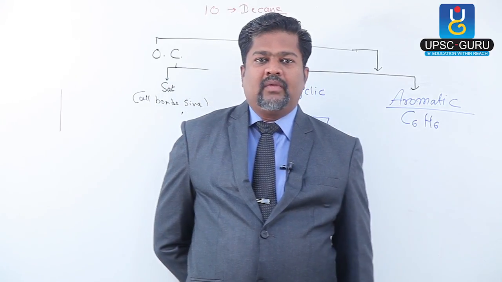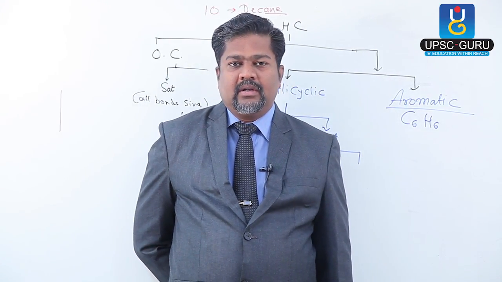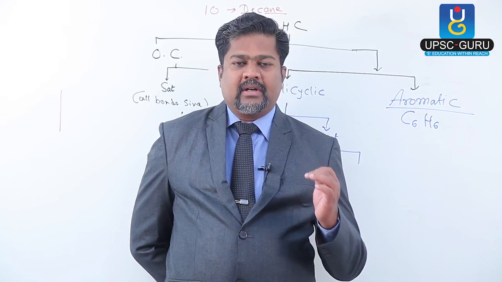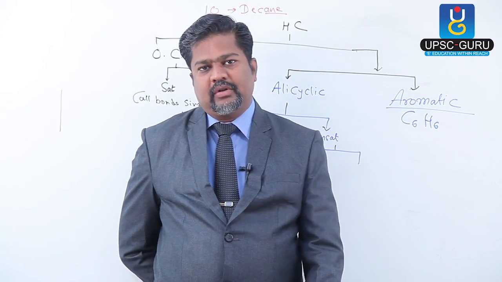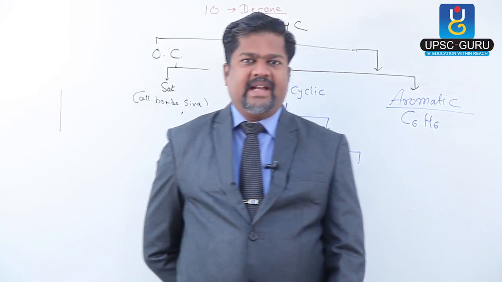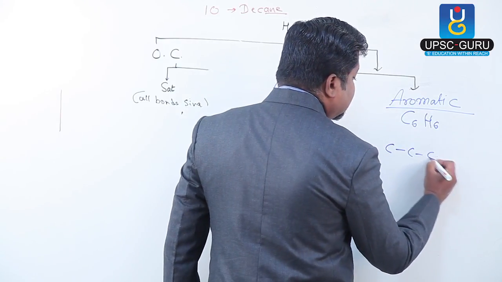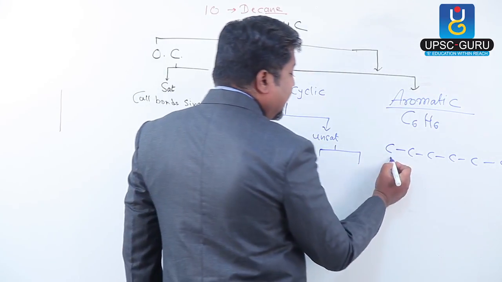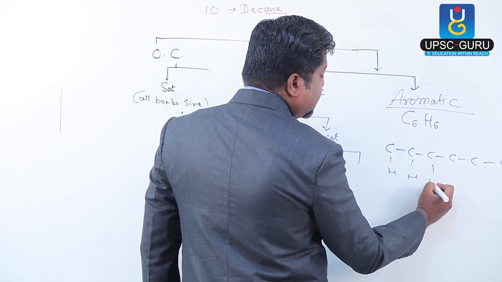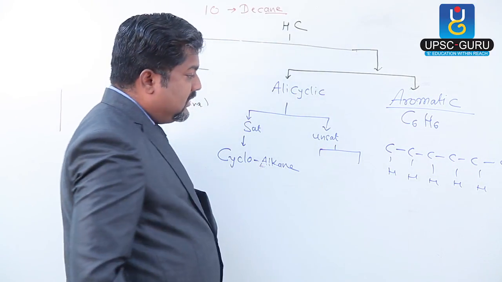Then one fine day, a scientist named Kekulé was able to get the structure of benzene. He was trying to assign the compound. Say I am assigning C6, this is the 6, and I have to assign H. Suppose, what is the probability?